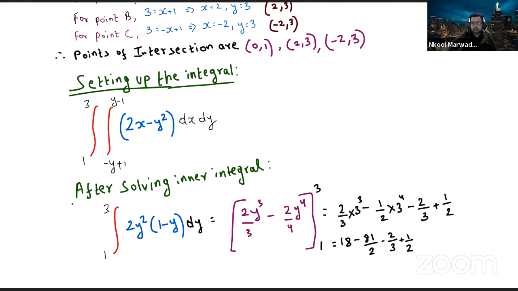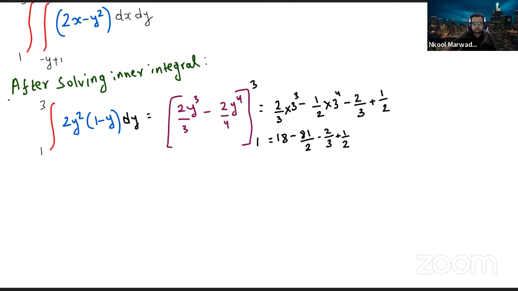So do it in the calculator. 18 minus 81 by 2 minus 2 by 3 plus 1 by 2. That gives 22.6.